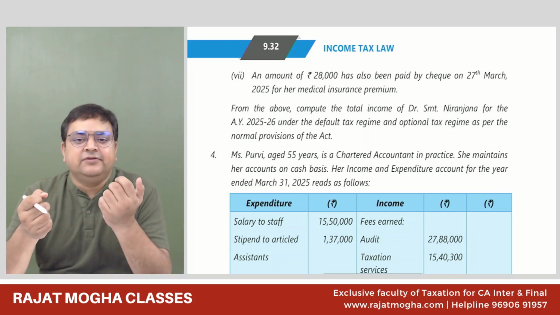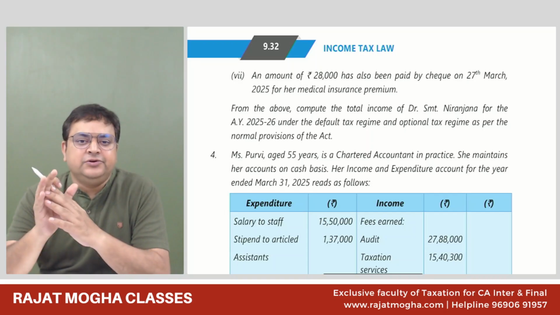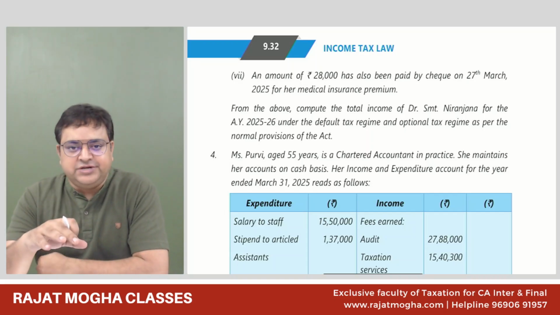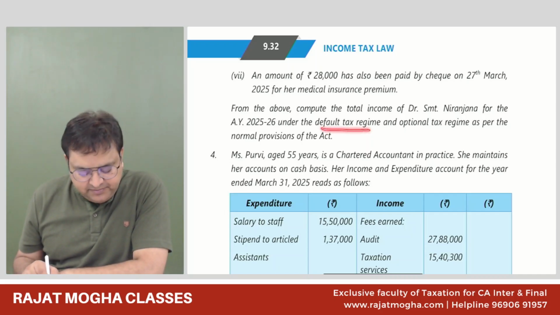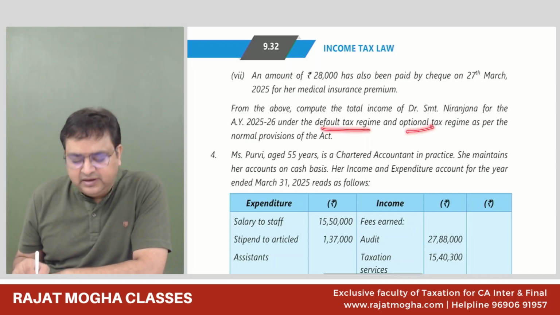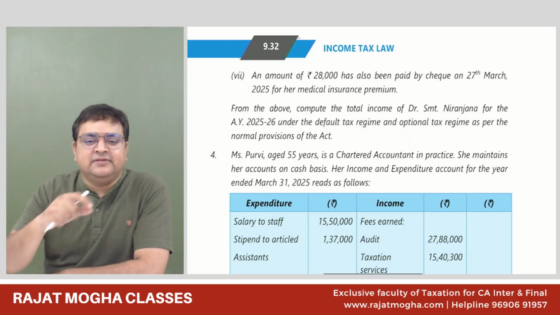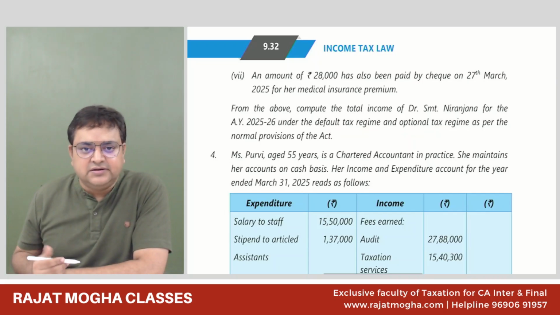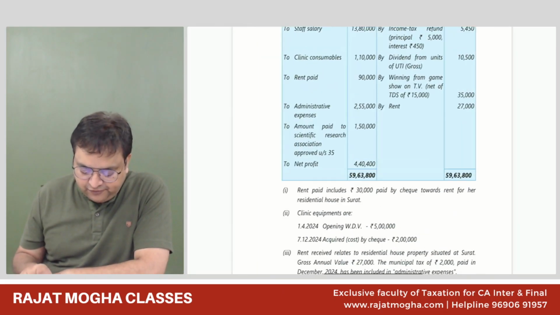Part 1 means, let's say, optional regime GTI, and just adjust that GTI. So you don't have to do everything entirely again. You have to just adjust your GTI. So we'll be computing by one of the regime, either default or optional, anyone we can pick. And then we will take that GTI as a base for the second type of regime, and we will be adjusting our GTI. Okay. So we have to follow both the regimes.